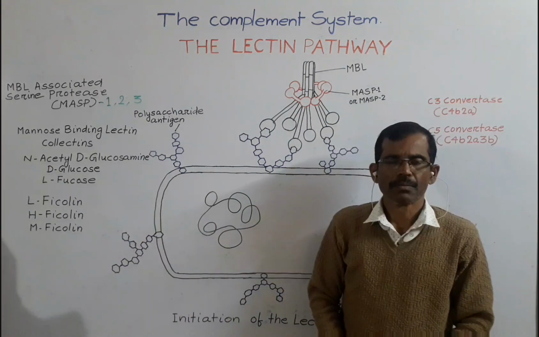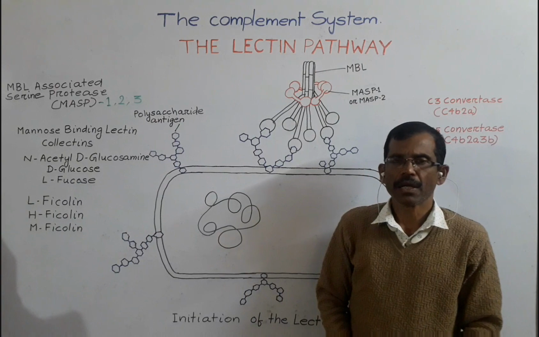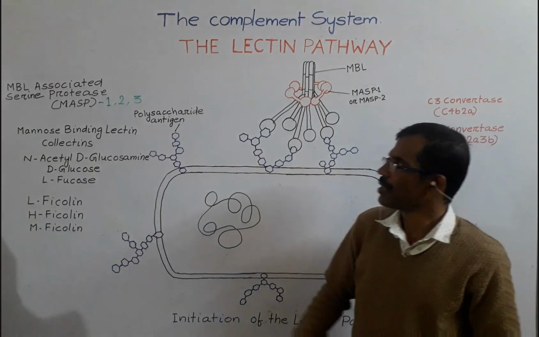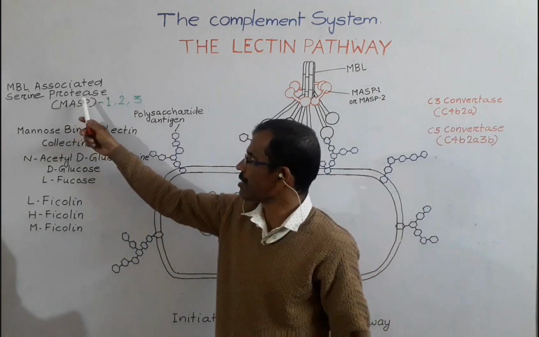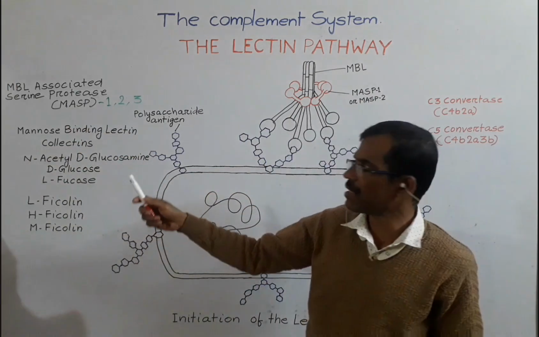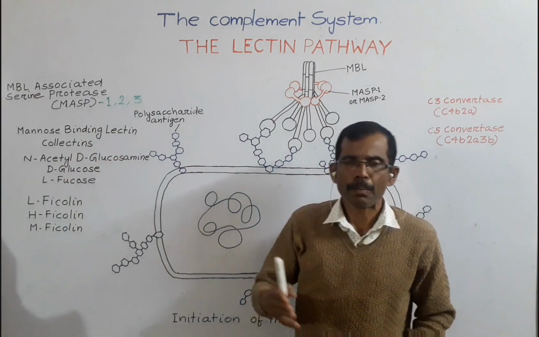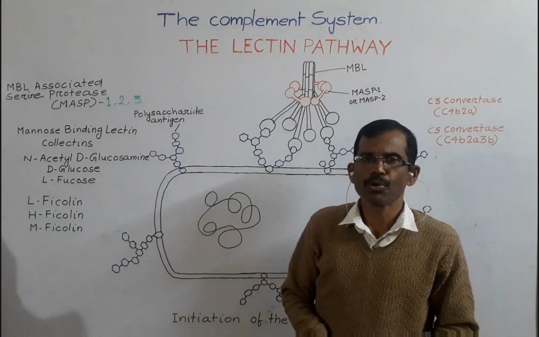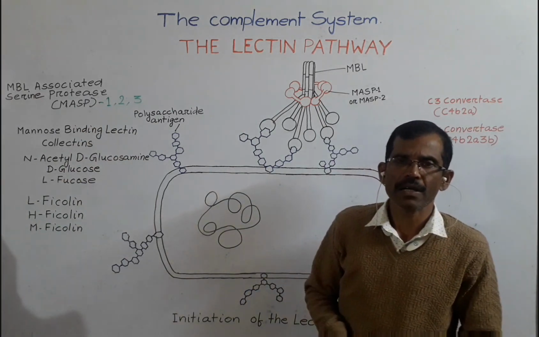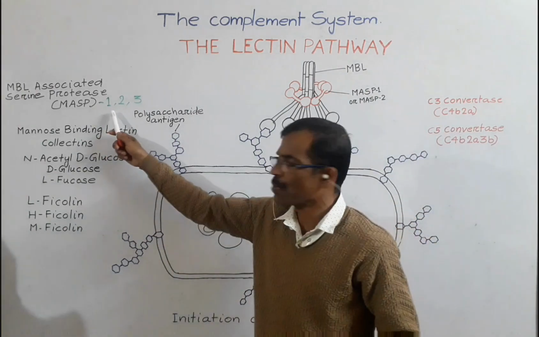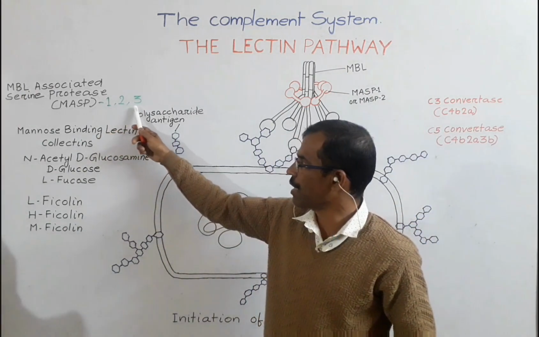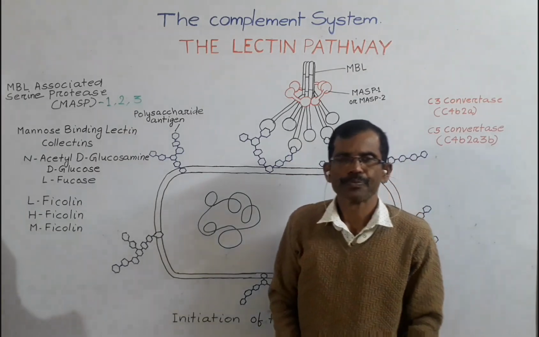In the serum, mannose binding lectin is associated with the MBL associated serine protease known as MASP. Three different MBL associated serine proteases have been identified. They are MASP1, MASP2, and MASP3.